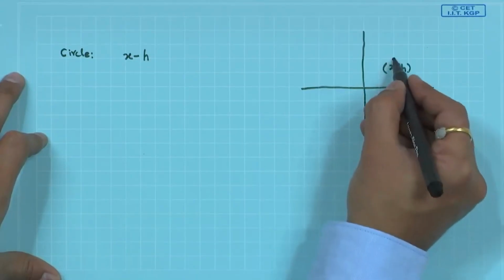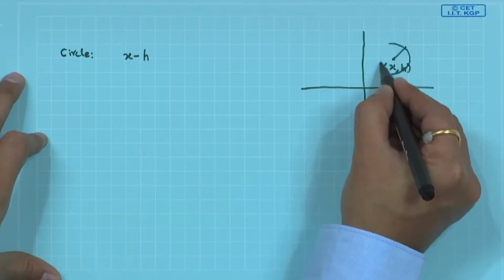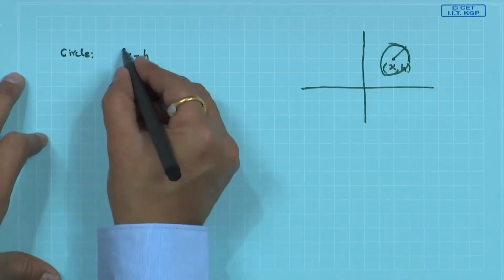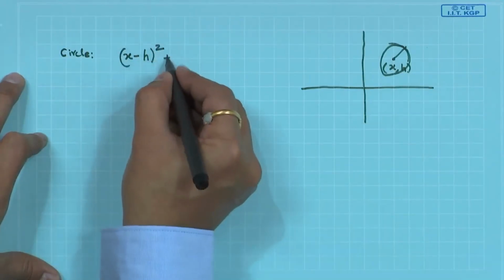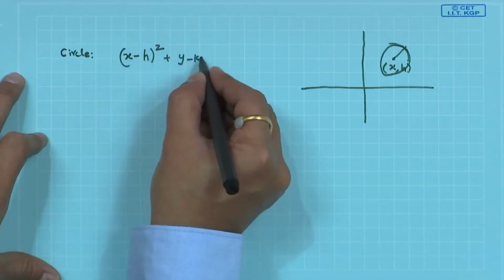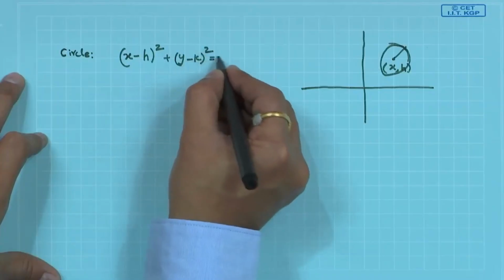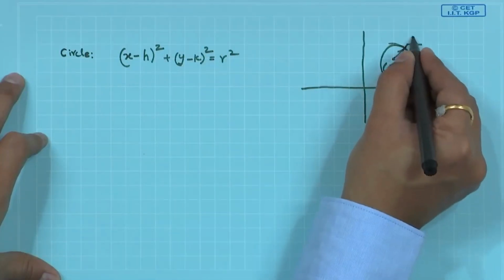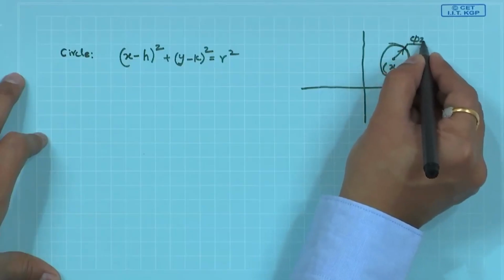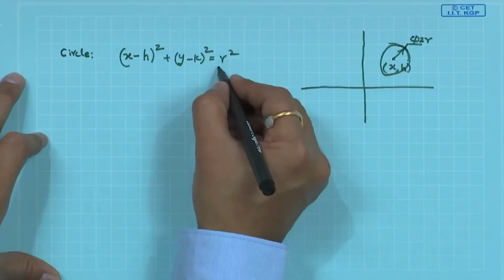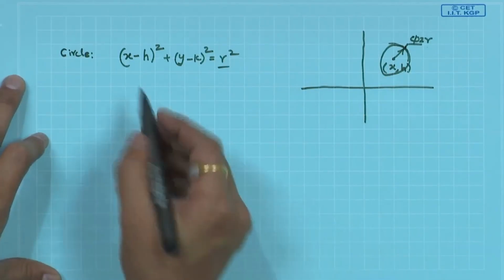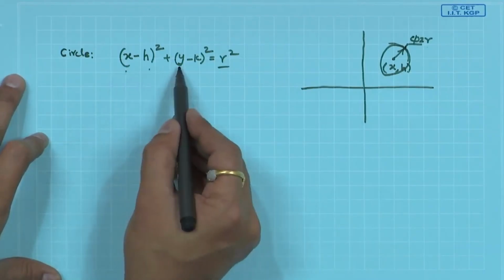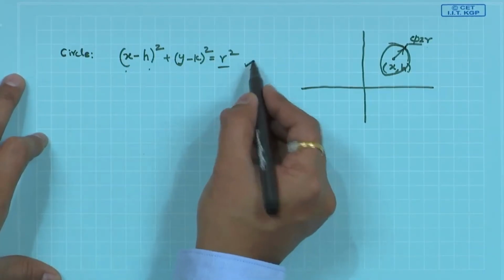If a circle has to be drawn, it forms (x minus h) whole square plus (y minus k) whole square is equal to the radius of the circle squared. The standard convention we show diameter, radius is r. It satisfies (x minus h) whole square plus (y minus k) whole square is equal to r square.